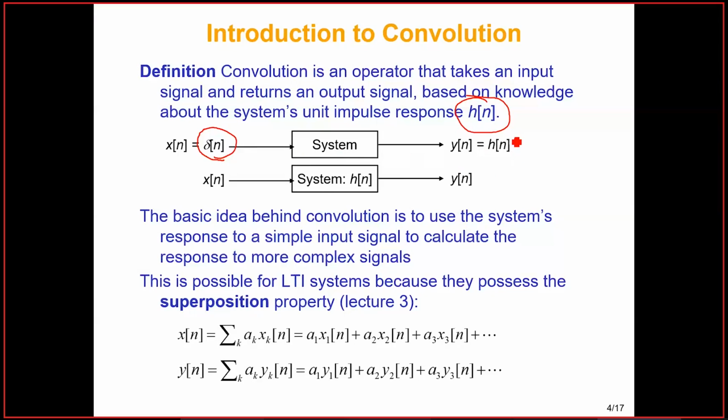That's the impulse response, and we call it h of n. And the second thing that we need to know was that we can express any discrete time signal in terms of a sum of scaled delayed impulses. So based on these two concepts, we came up with the concept of convolution.